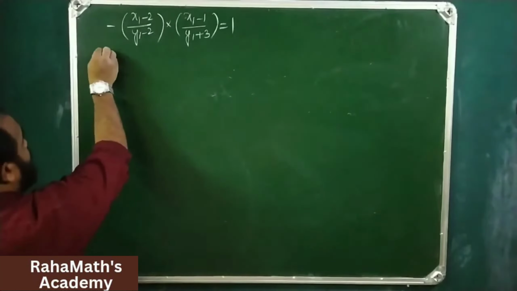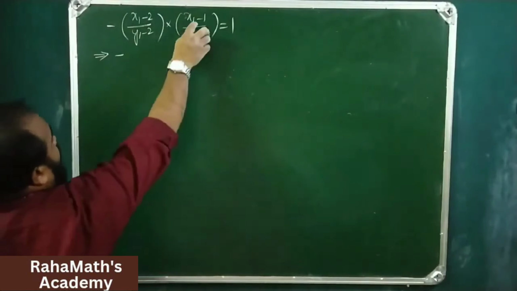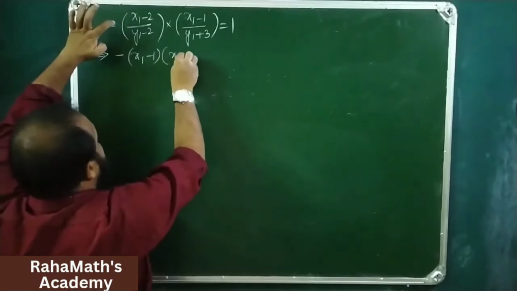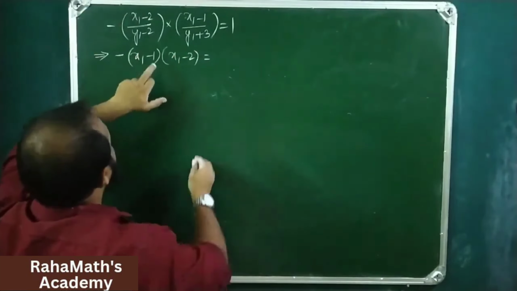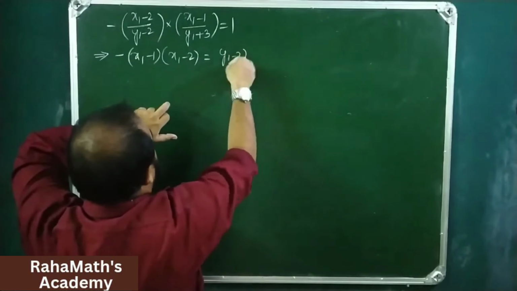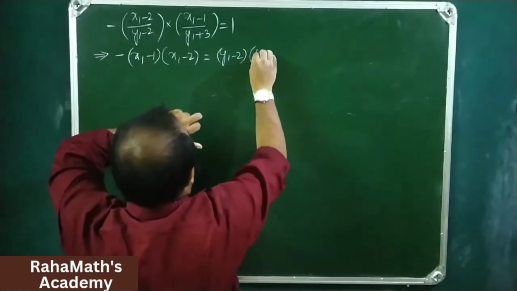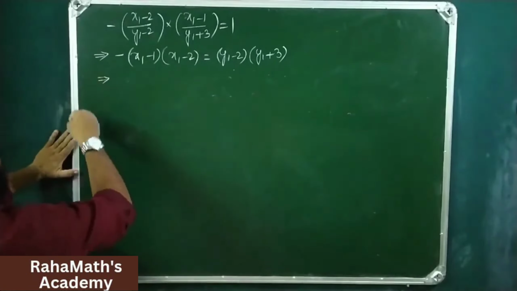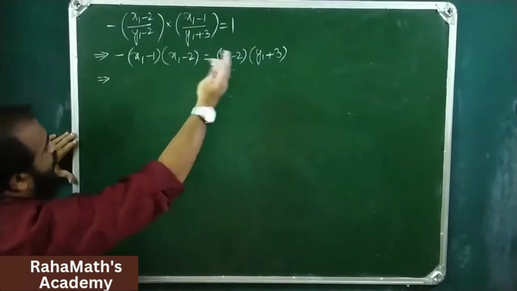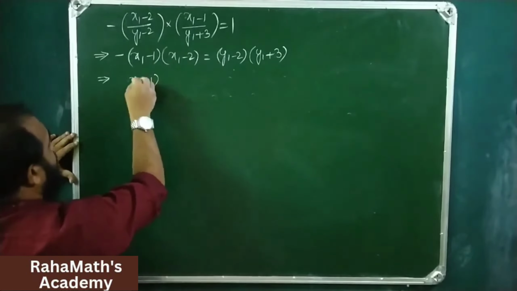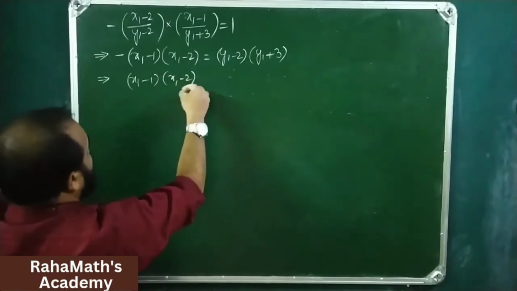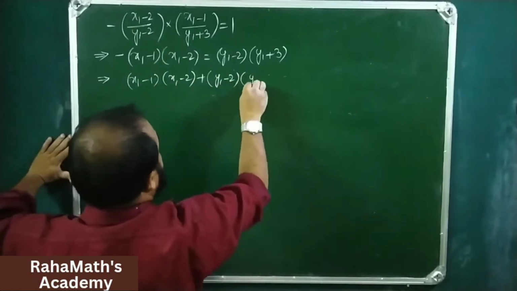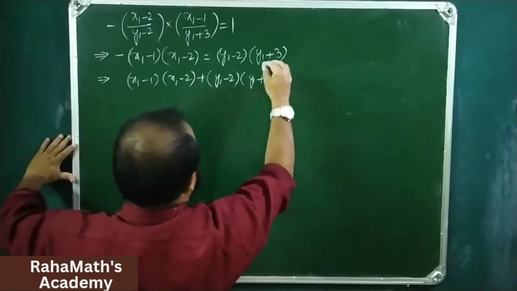That is, minus of (x1 minus 1) into (x1 minus 2) equals (y1 minus 2) into (y1 plus 3), by cross multiplication. So if you take all this onto the RHS, (x1 minus 1)(x1 minus 2) plus (y1 minus 2)(y1 plus 3) equals 0.